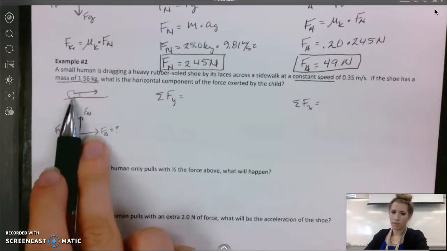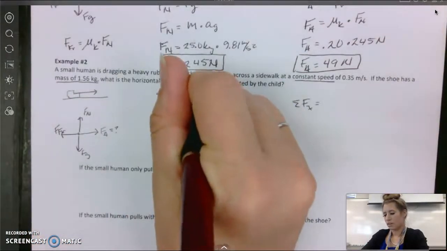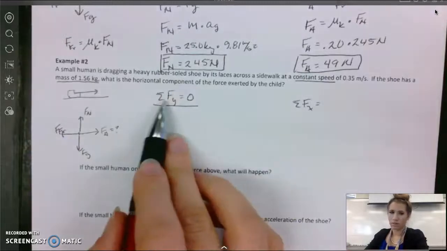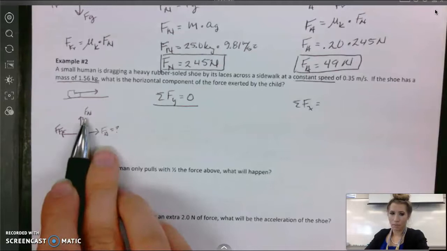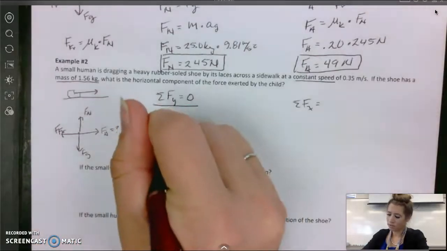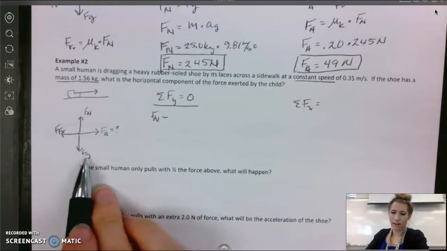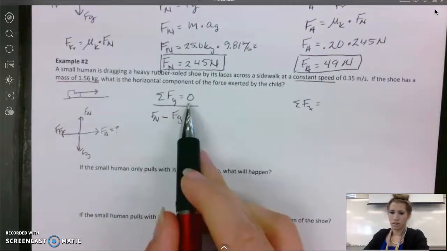Like we said before, it's not sinking into the floor or rising off the ground, so the acceleration is 0 and the sum of the forces is 0. In the y direction, I have a positive normal force, and I add the negative force due to gravity, and all that equals 0.